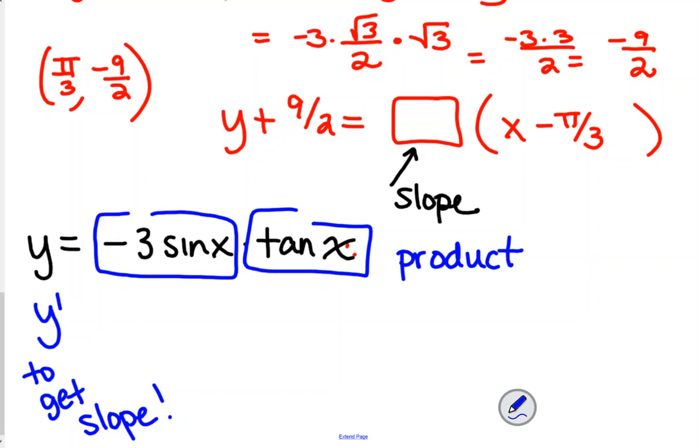Remember, you don't have to consider constants as a product rule piece. You can just tag that negative 3 along. So I'm looking at this as one function, and this is the second function inside the product. Okay, build me a product rule derivative out of that negative 3 sine x times tangent x.